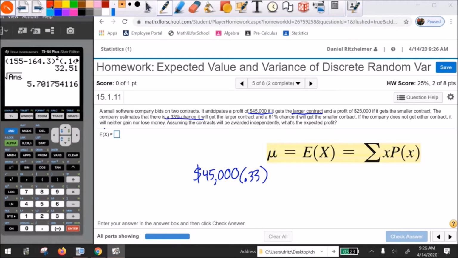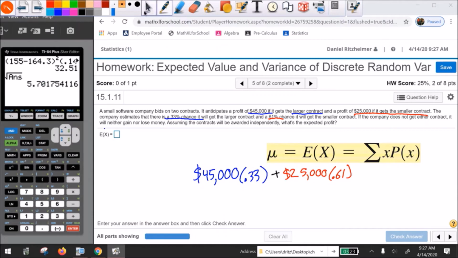For the smaller contract, they anticipate a profit of $25,000, and that has a 61% chance of occurring. And we're just going to go ahead and use the expected value formula there to find the sum of those two products.